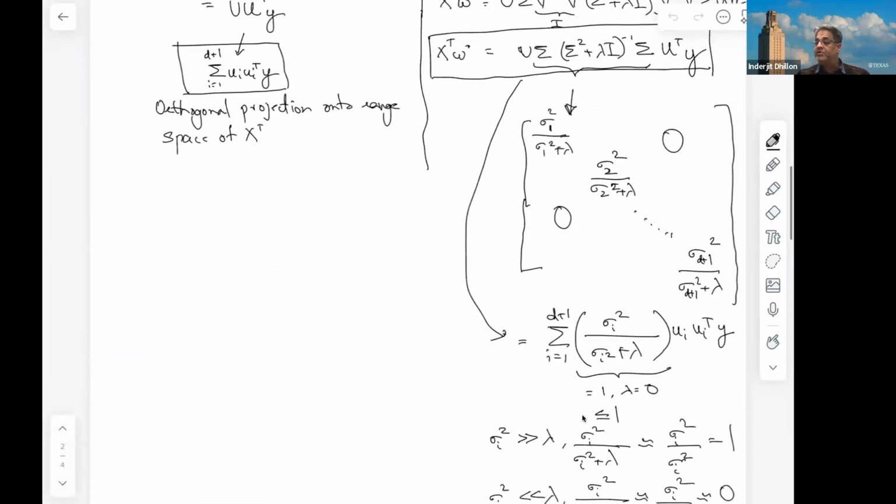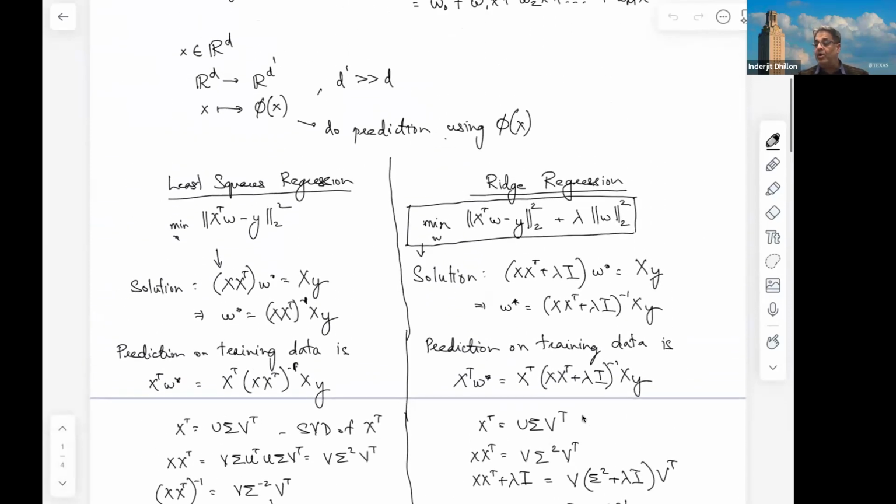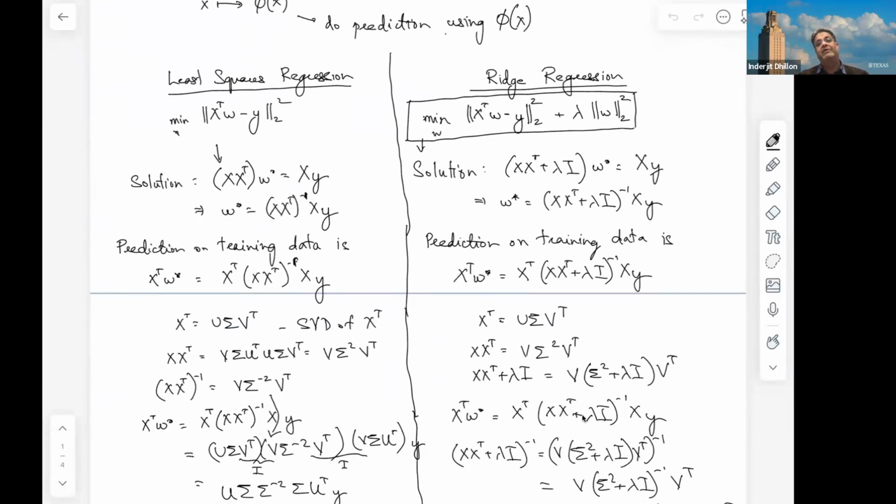To do ridge regularization, you don't need the SVD. All I'm doing is showing an analysis. So for example, if you want to solve this problem, then you don't need to find the SVD of X. You can actually do it using Cholesky decomposition, QR decomposition, and so on, or you can use an iterative algorithm to do the solution.